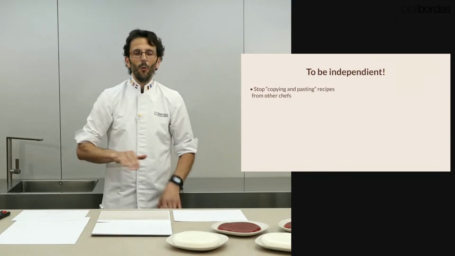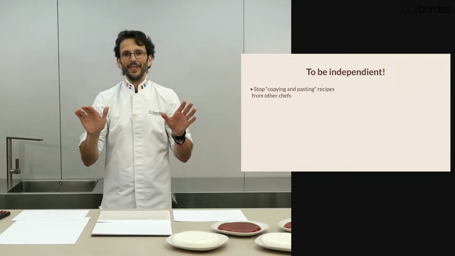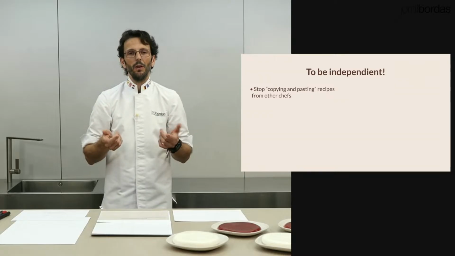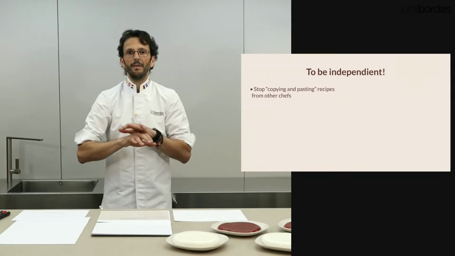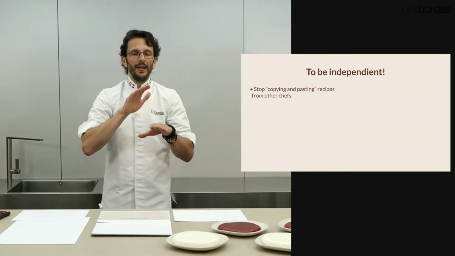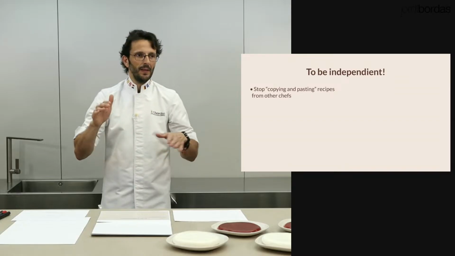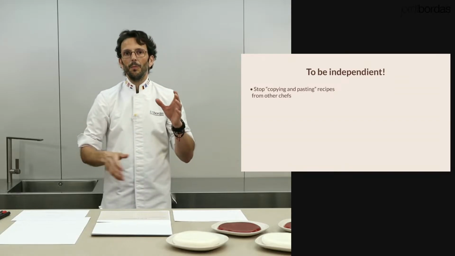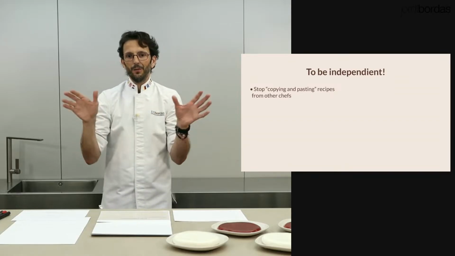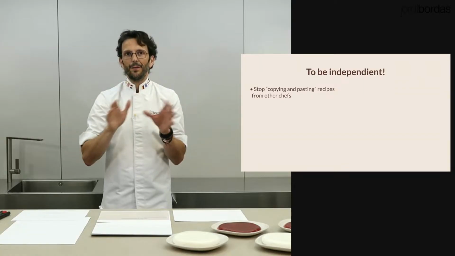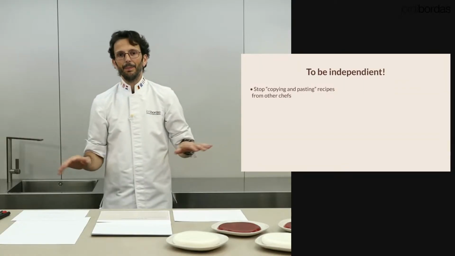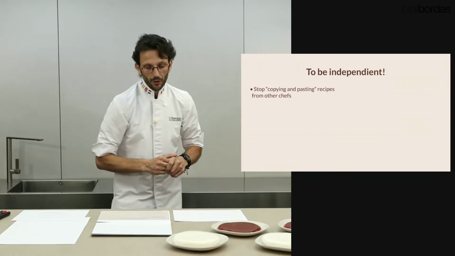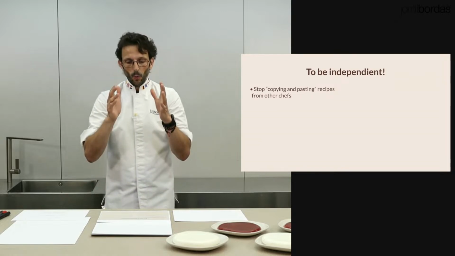And today, 100% of the recipes that we teach in our school are created by us. So sponge, crumble, creamy textures, compote, gel textures, any kind of dough, any kind of recipe that we teach here, 100% created by us. So to be independent, why?